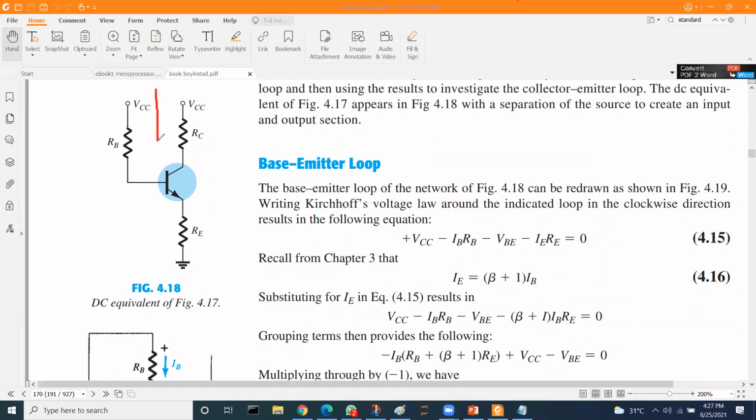Okay, this circuit constitutes the input side of the circuit, and whereas this part constitutes the output side of the circuit. So we have to analyze separately for both.